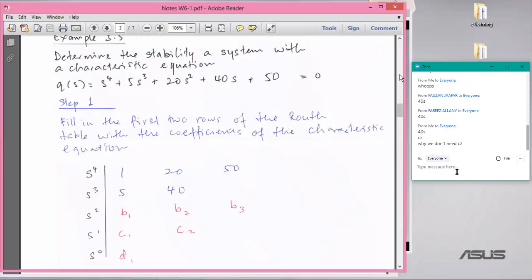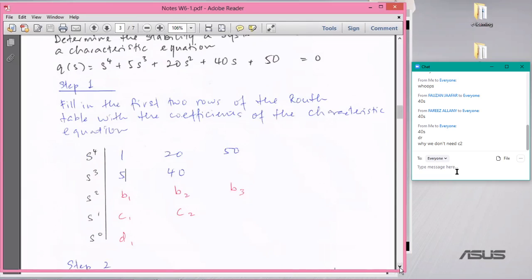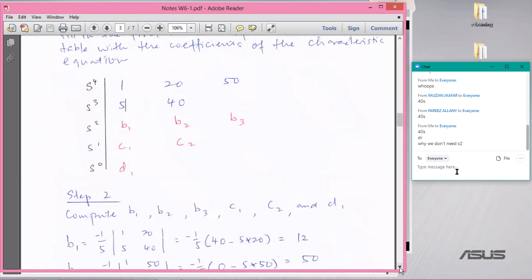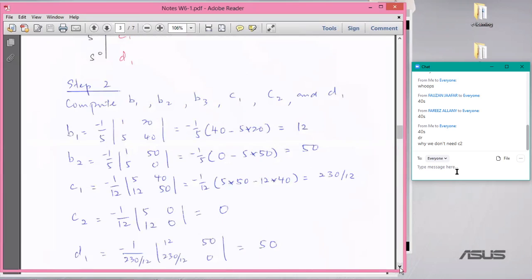The step-by-step description of how to fill in the Routh table is in my handwritten notes. Everything is there, you can go through that.